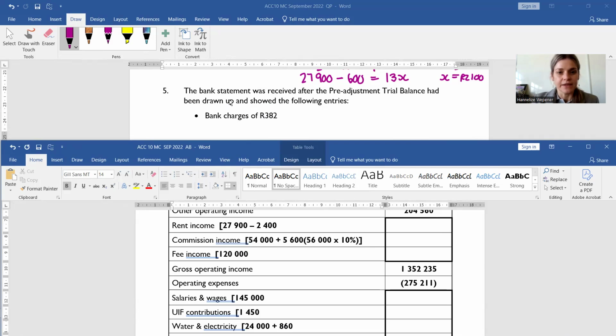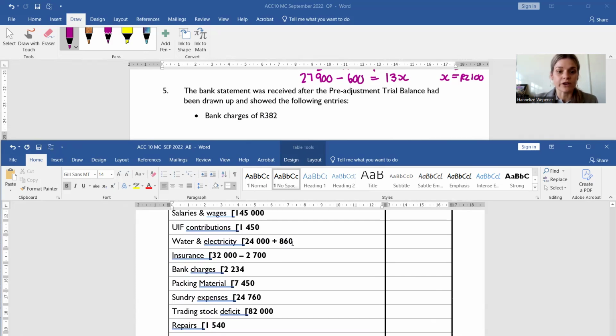Right, then the bank statement was received after the pre-adjustment trial balance had been drawn up. So in other words, we only saw these transactions when we received our bank statement. And this happened after we recorded all of our journals and then compiled the trial balance.